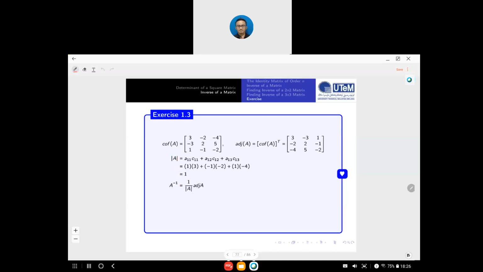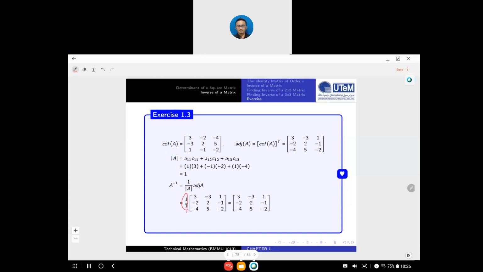And then A inverse equal to 1 over determinant times adjoint matrix. So you can get 1 over 1 times this adjoint: 3, negative 3, 1, negative 2, 2, negative 1, negative 4, 5, and negative 2. So this one is for question A.